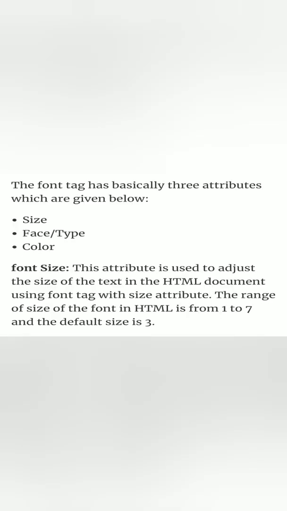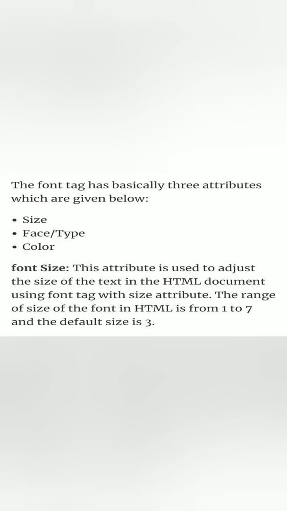Okay students? Yes students, the next tag is the font tag. The font tag is used for formatting our text. The font tag has basically three attributes. First is size, second is face, and third one is color. In size there are seven sizes.